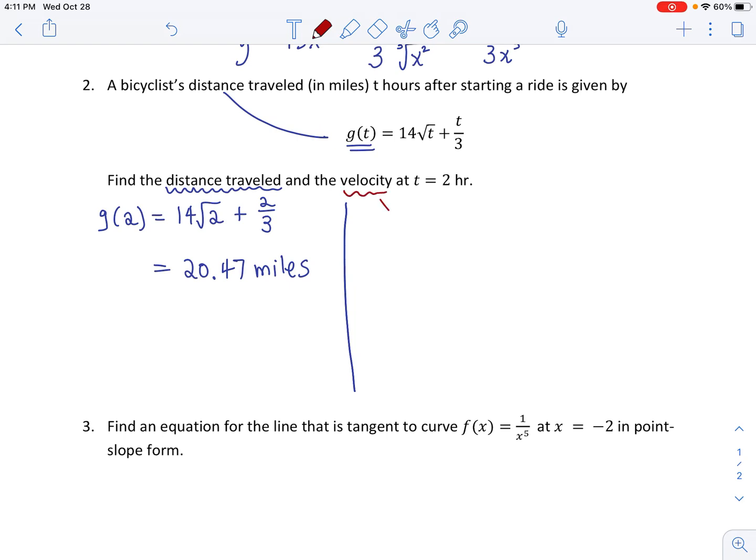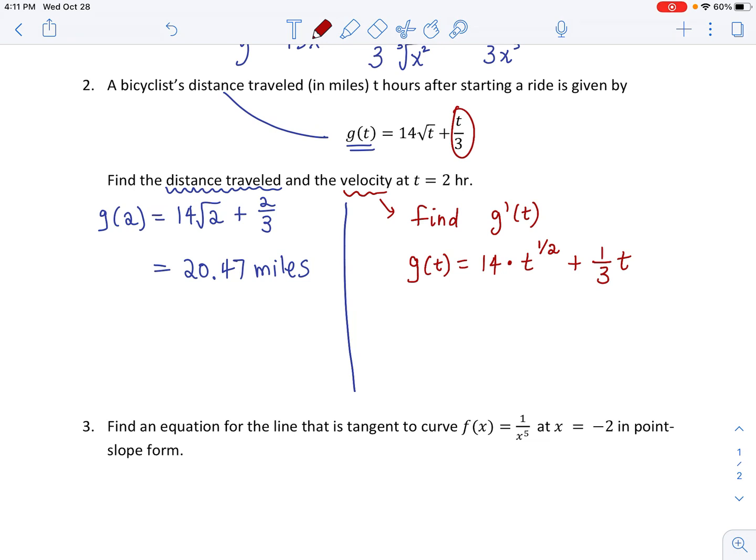In order to find velocity, guess what we have to find? We have to find the derivative. Let's find g prime of t, and then we're going to plug in 2 into that g prime of t. So if g of t is 14 times t to the 1/2 power, I am rewriting that square root as raised to the 1/2 power, plus 1/3 times t.